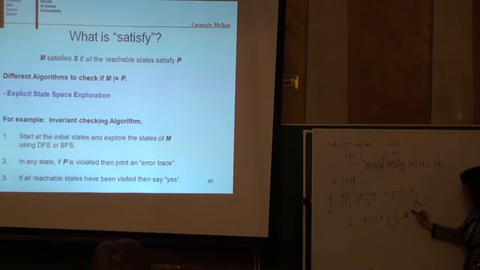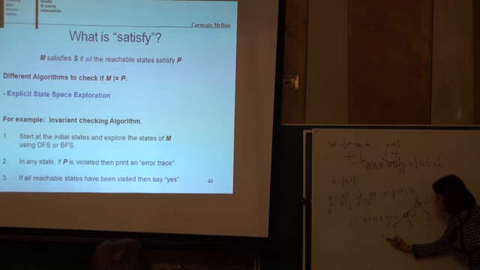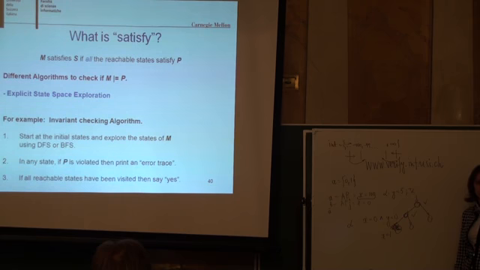I check this state, x is 0, y is 0, good. And then I get to a state where, for example, x is 1. So this is bad. I found the bug. This is a failure state. So once I find that the property doesn't hold, I terminate my traversal and I remember this path. This is going to be a counterexample which shows the violation of the property.